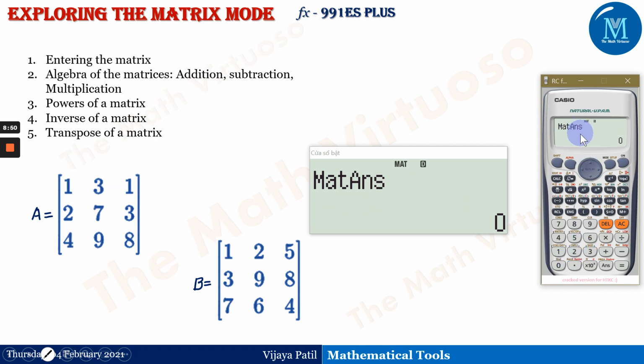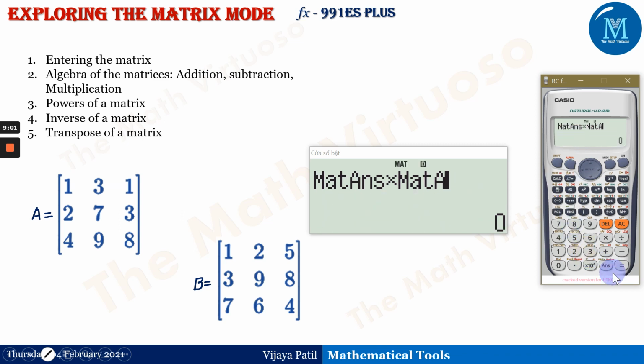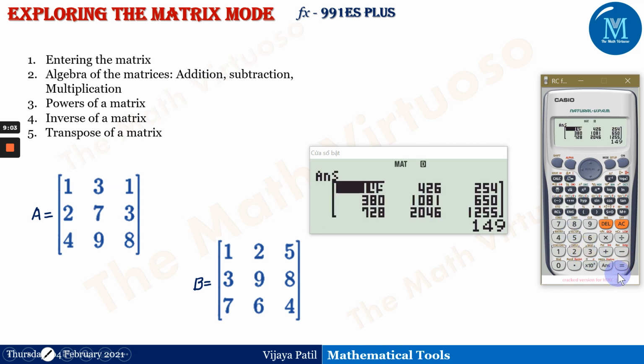Its Math Answer will take the previous matrix multiplication, that is A square. Now I want A again, so Shift 4, I want this 3. That means I'm doing the matrix A cube. A into A into A, that is A cube. Three times multiplication of this matrix A has been done.